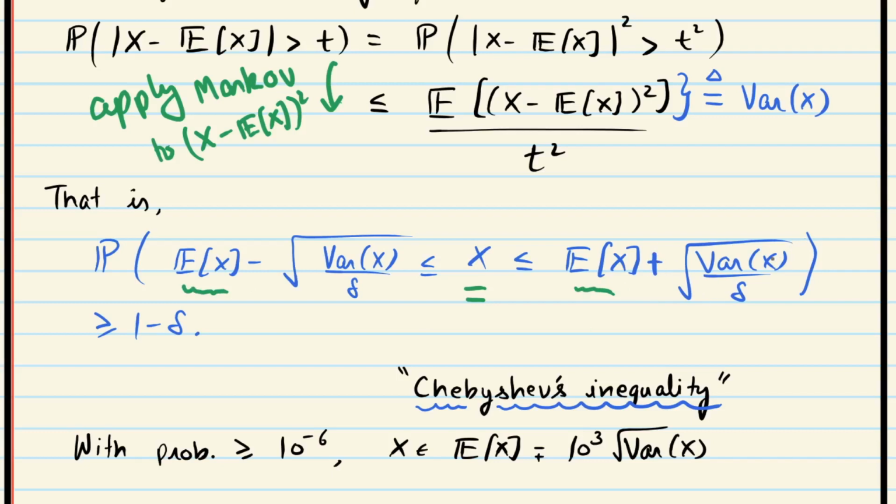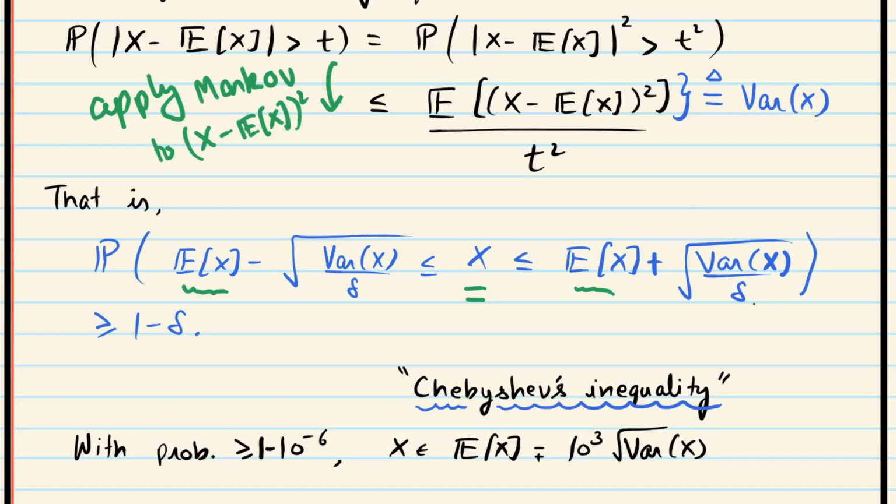That's just the square root of variance of x divided by delta, and it lies in this interval with probability greater than 1 minus delta. And so for instance, if you substitute delta equal to 10 to the power minus 6, it says with probability greater than 1 minus 10 to the power minus 6, the random variable x belongs to expected value of x plus minus 10 to the power 3 times the square root of variance of x. So just the square root of 1 by delta.